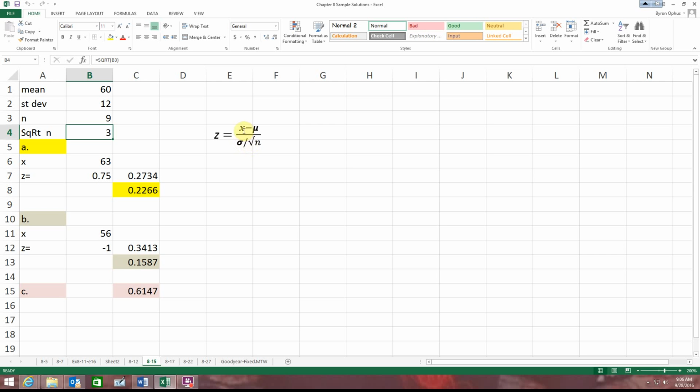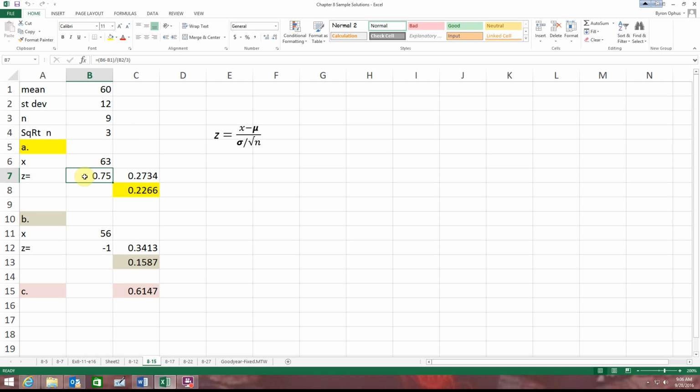So it's x, the number that we're looking for, minus the mean, divided by the standard deviation divided by the square root of n. I've got to find my z value, right?